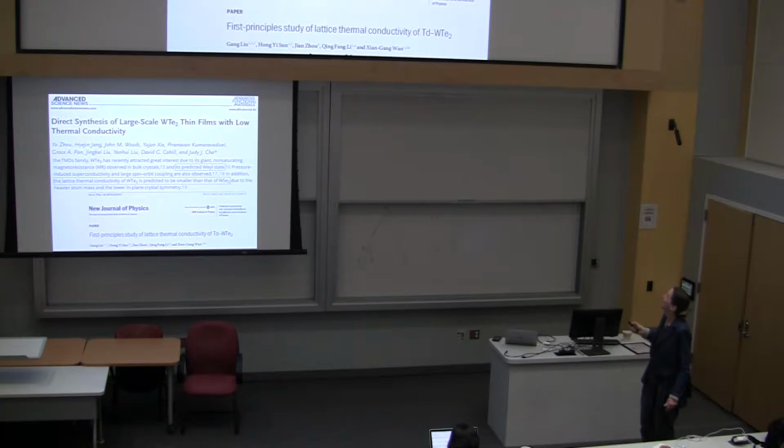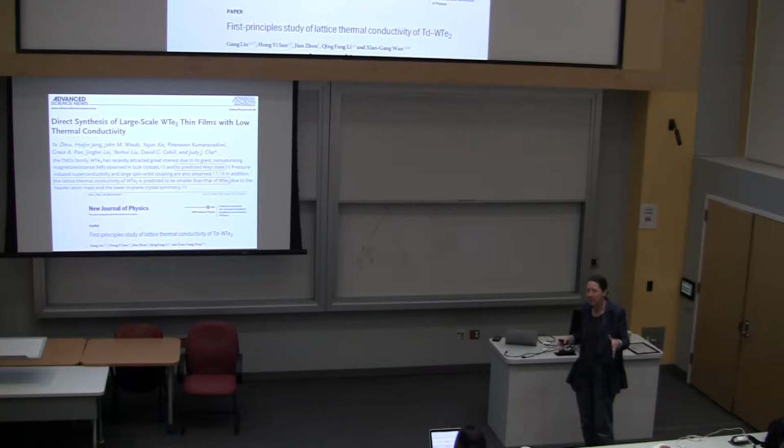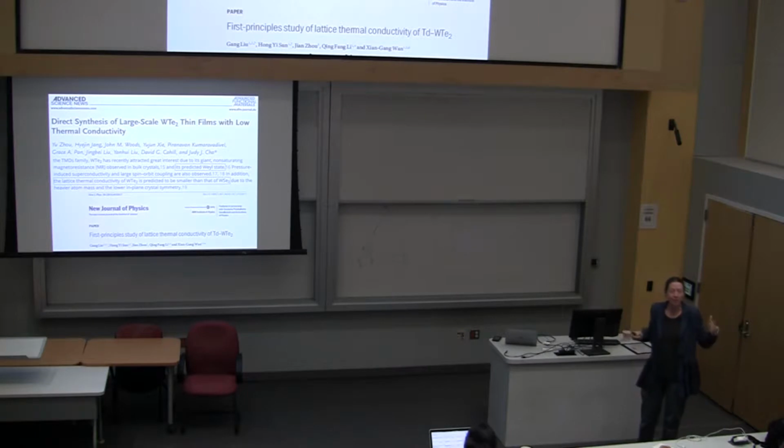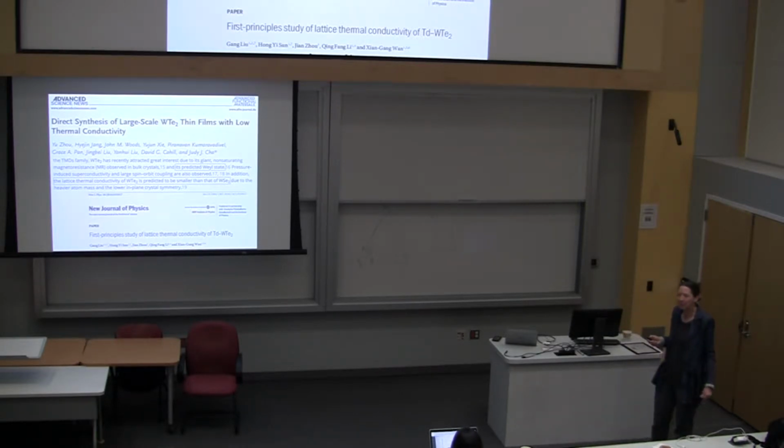Another example from Judy, I should have cleared this with you first, is tungsten ditelluride thin films. Here there are no first principles calculations in the paper itself, but the context of the work included predictions from first principles of some of the properties of the system, which would presumably help to motivate and guide the work.